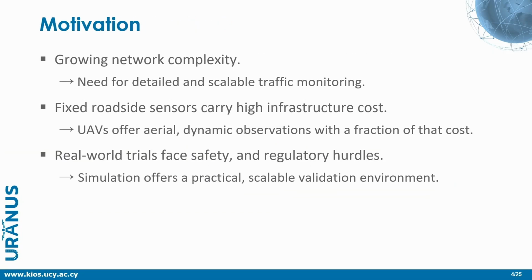Starting with the motivation, we see that as urban environments grow more complex, researchers need monitoring that is both detailed and scalable. And they need that to have more efficient urban mobility management. In the first sense, the UAVs can provide this dynamic and aerial monitoring of the environments and can bypass some of the problems that you have with fixed sensors like radars or loop detectors.